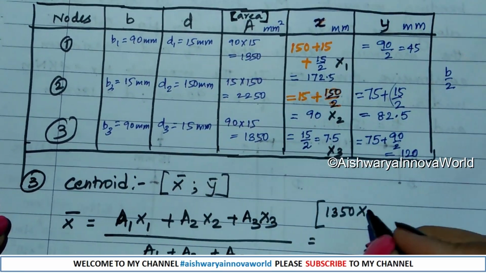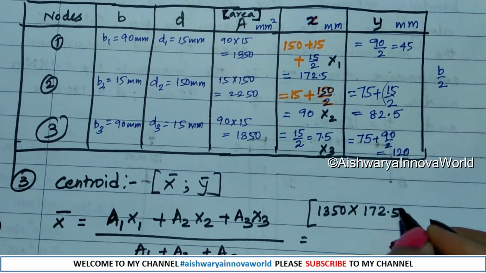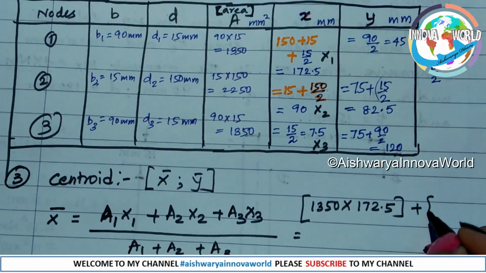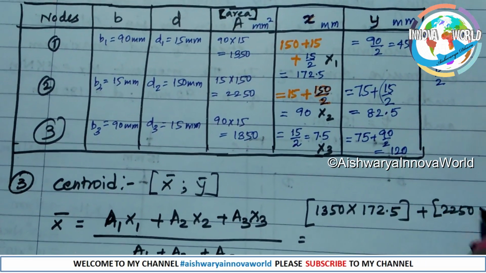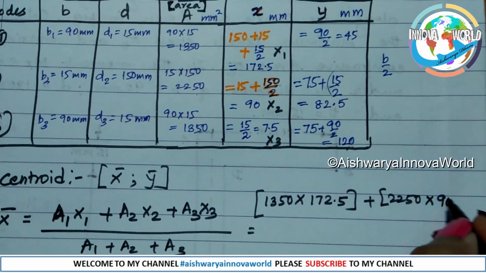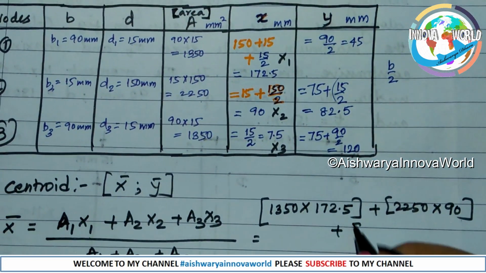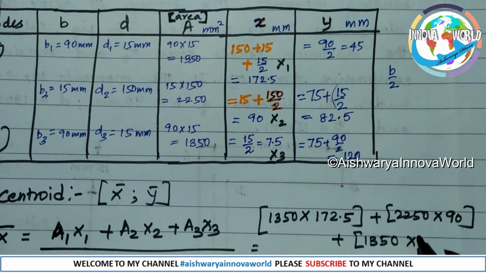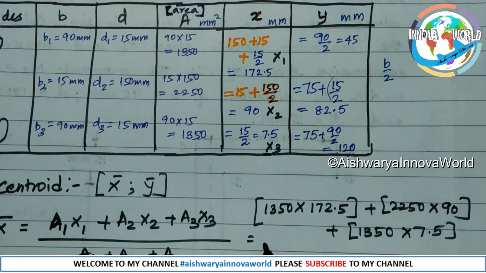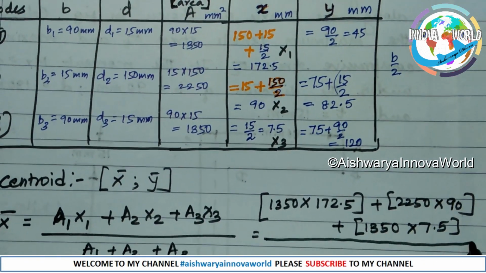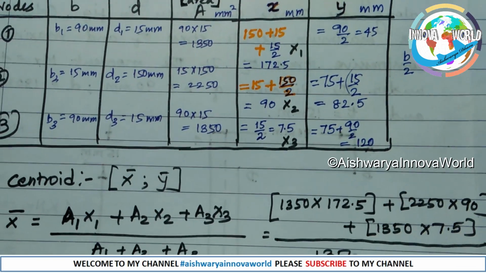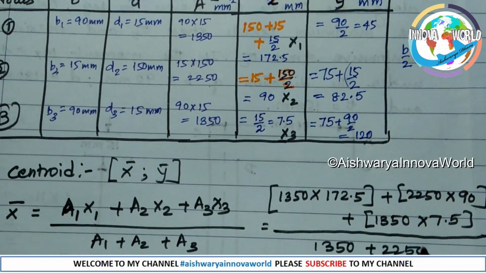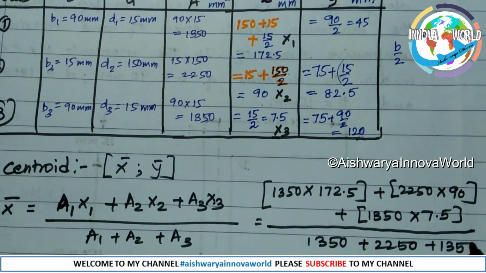1350 into 172.5 plus 2250 into 90 plus again 1350 into 7.5, divided by 1350 plus 2250 plus 1350.